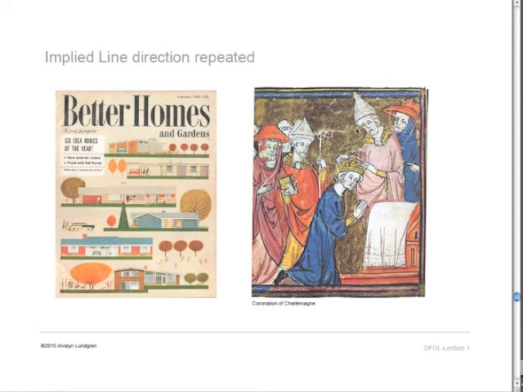This is a medieval illuminated manuscript illustration depicting the coronation of Charlemagne, and so this is from the Carolingian period. And notice the implied lines, the repeated curves. Notice this implied line here up into his hand. And just the relationships and the repeated curves going through, giving it a certain unity, pulling everything together.